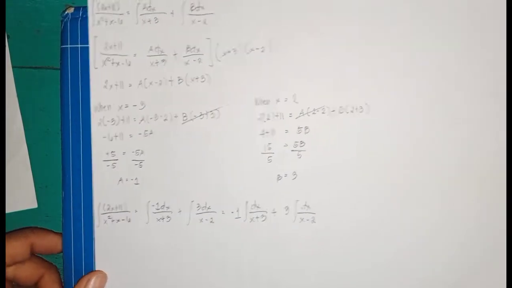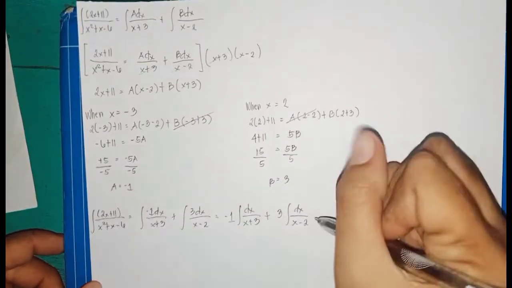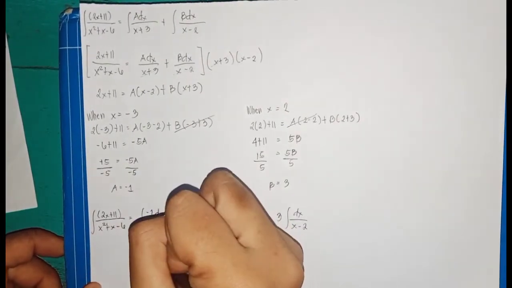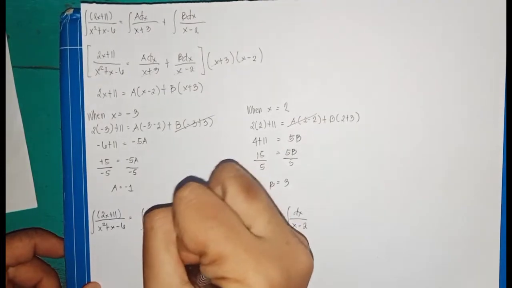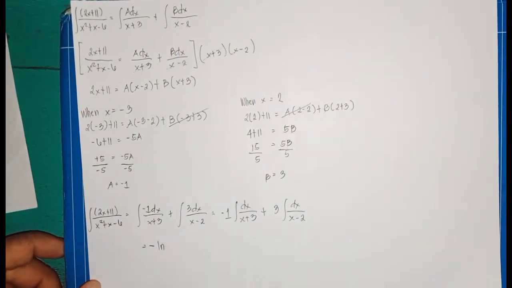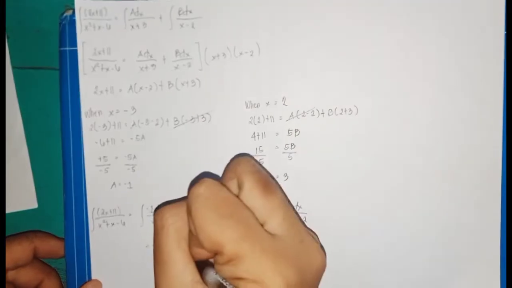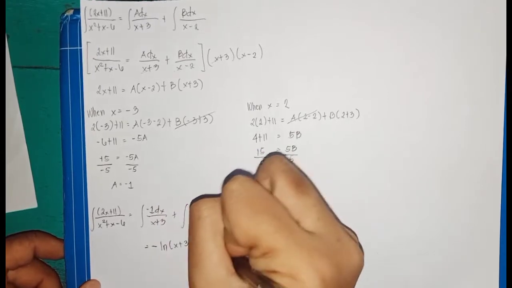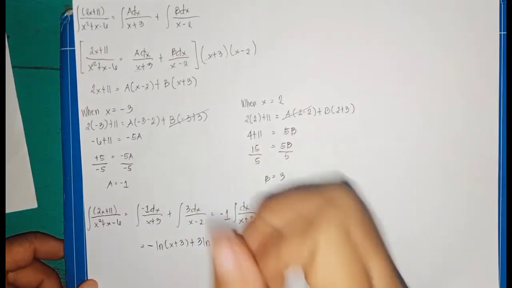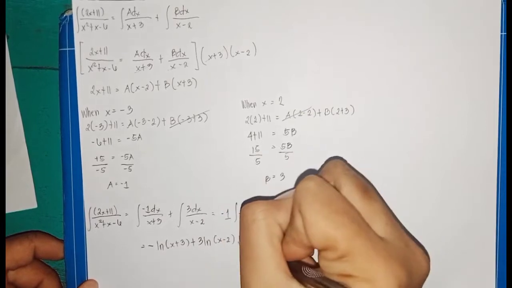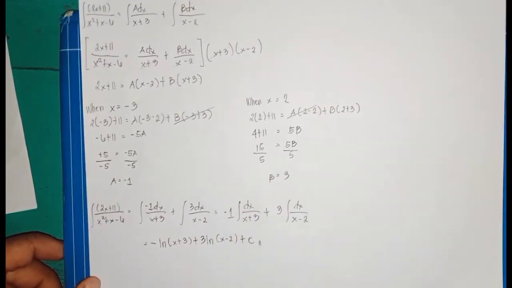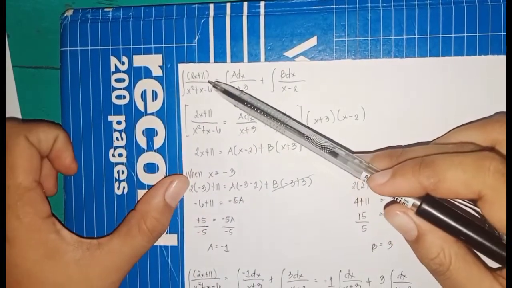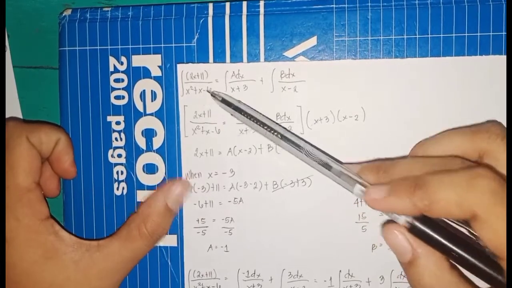Okay, so the final answer for this: we have negative 1 here, so we will just write negative and then ln for the integration, and we have x plus 3 in the denominator, plus 3 ln of x minus 2 in the denominator, plus C. Okay, so this will be the final answer for the given integral of the quantity 2x plus 11 all over x squared plus x minus 6.